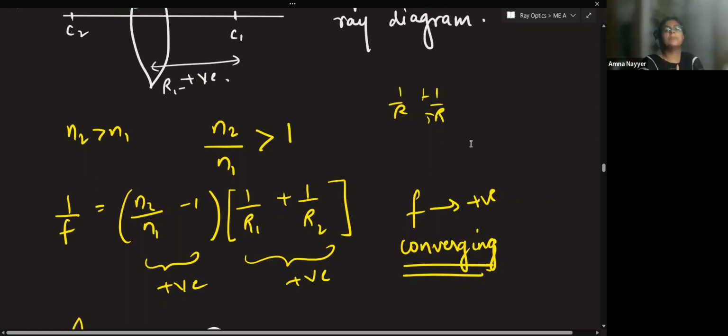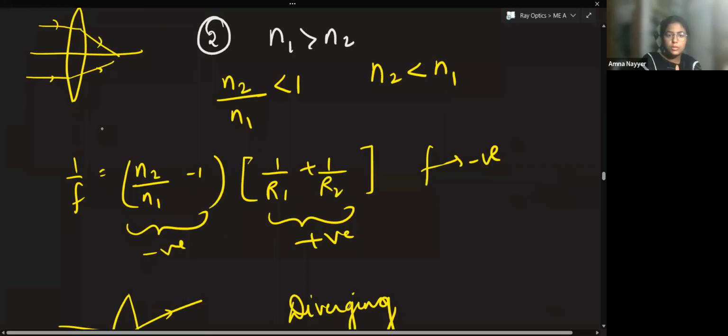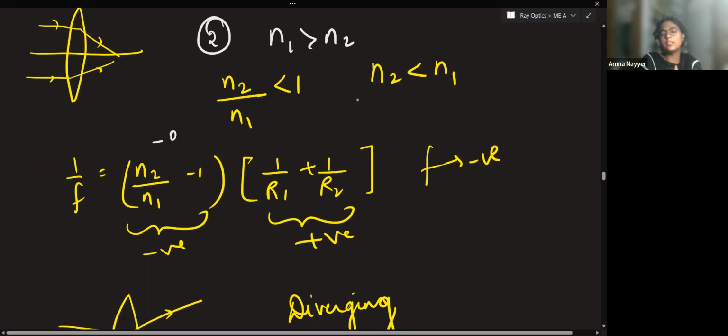Okay, second part. In the second part, N2 was less than N1, so this term will be negative. Do you agree that this term will be negative? All right. So if this is negative and 1 by R1 plus 1 by R2 is positive, it's like this term coming out to be minus 0.3 and this term plus 5.